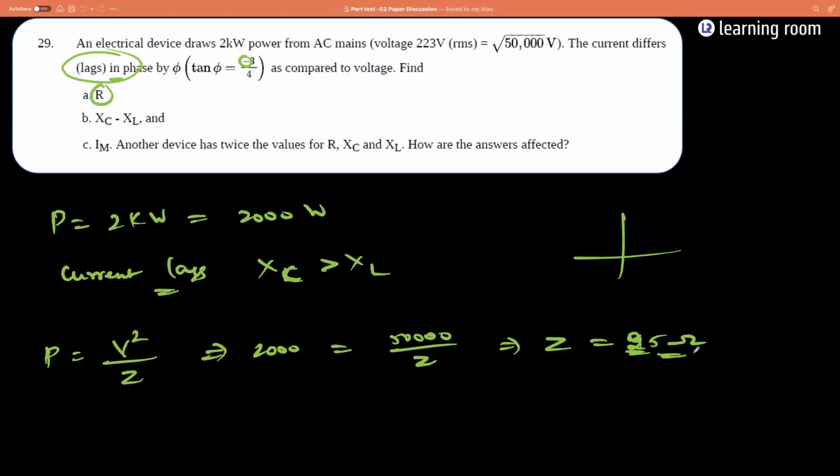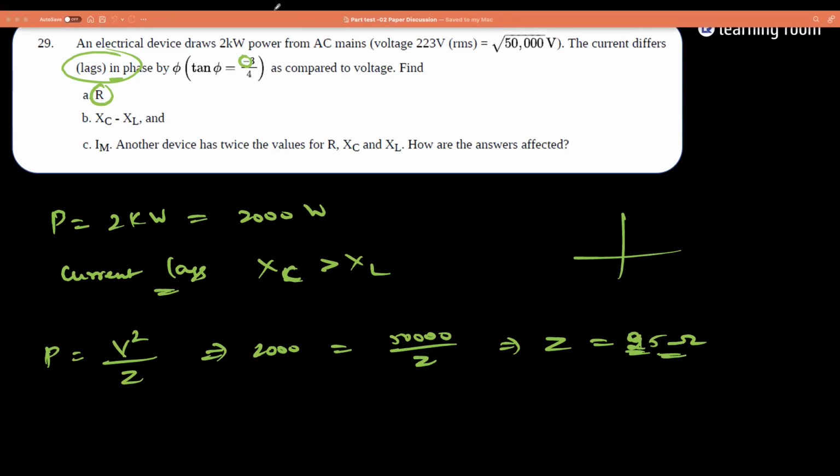Guys, tell me one thing. When will an RLC circuit behave like a purely resistive circuit? When it is under the condition of resonance. Under the condition of resonance, what is going to be the current flowing through the device? It will be the maximum current. Am I right?